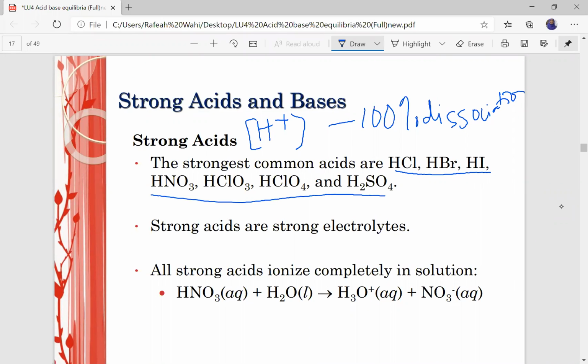We have things from hydrochloric acid, and then HNO3, and then H2SO4. We have these 7: 1, 2, 3, 4, 5, 6, 7. So we have 7 strong acids, which are common.